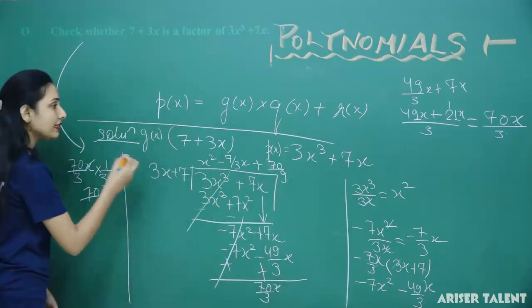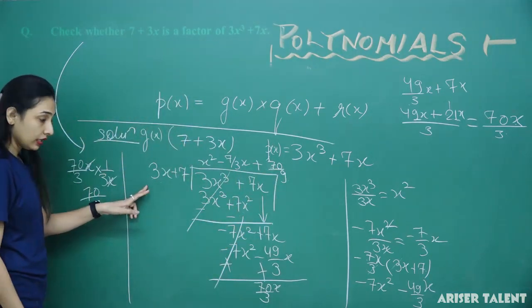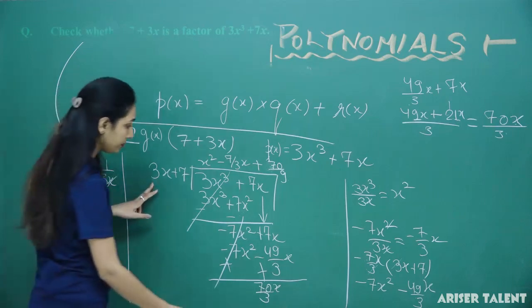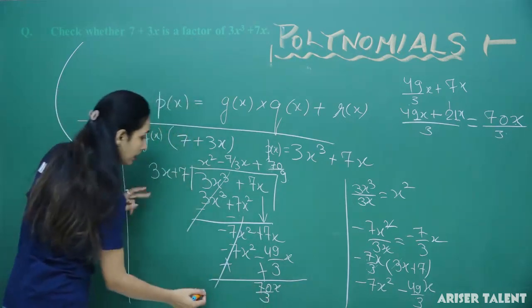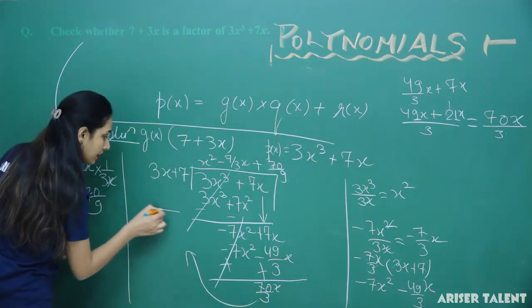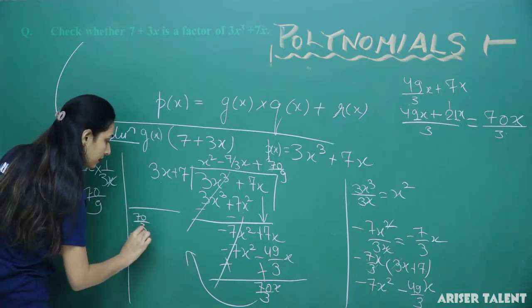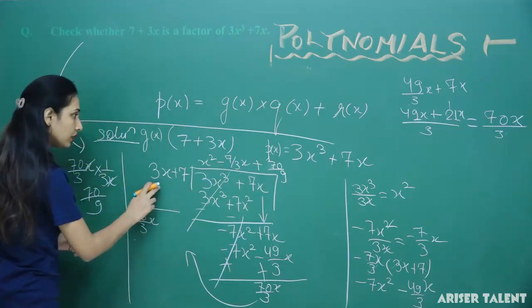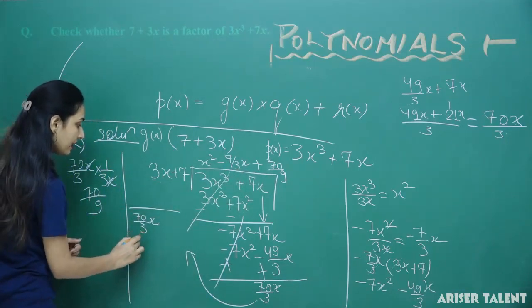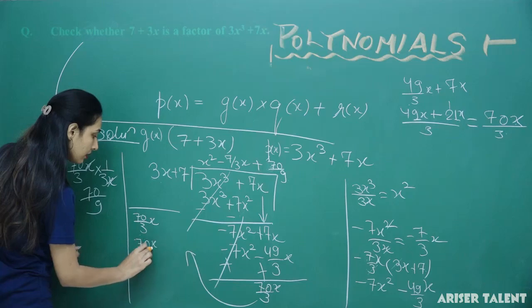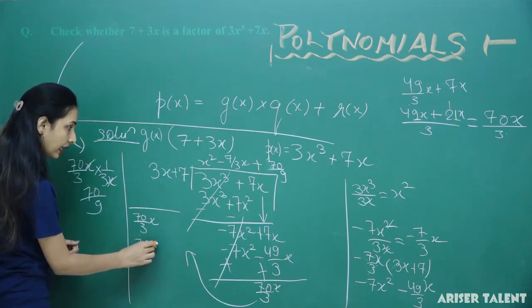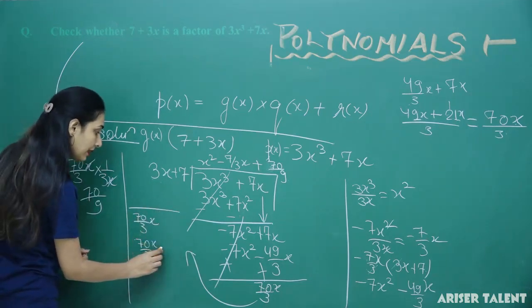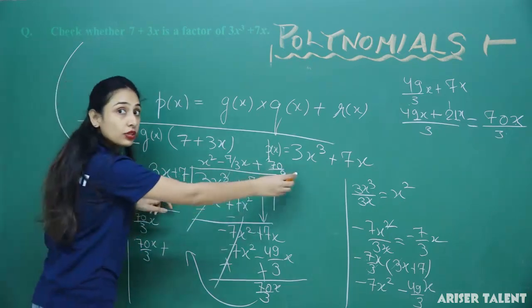When you multiply this 70 by 9 here, so you will get what? This was here 70 by 3x. Okay, now what will you get after multiplying this to this? You will get 70 by 3 of x, then plus, multiply this to this.